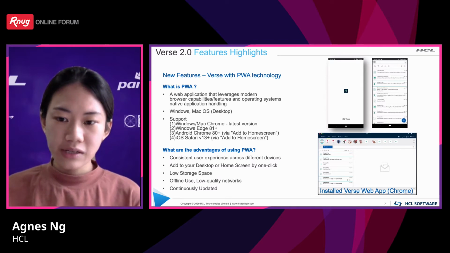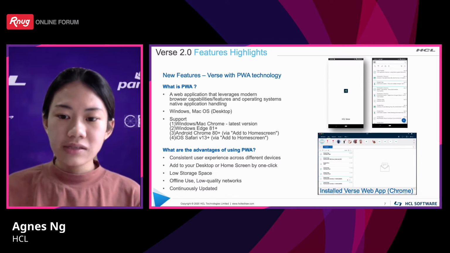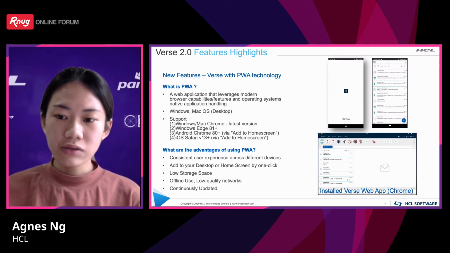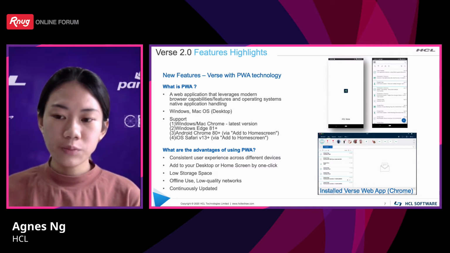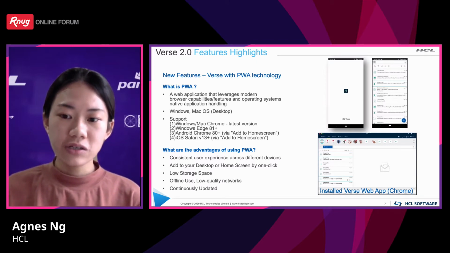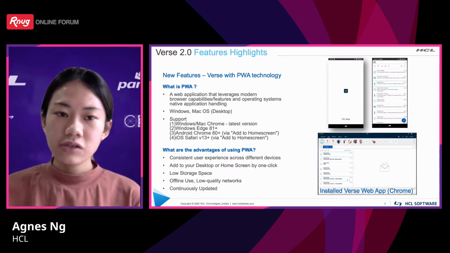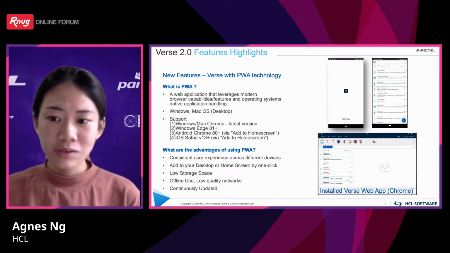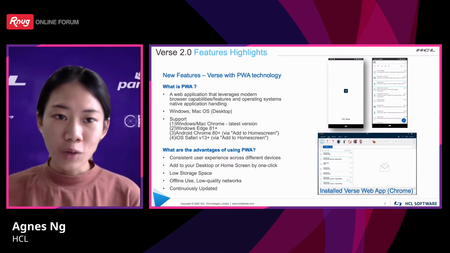What is a progressive web app? It is a technology which allows us to run a web application with native application handling properties. That means if you are using a Mac today, when you open the PWA of Verse, you can find its icon in your dock.